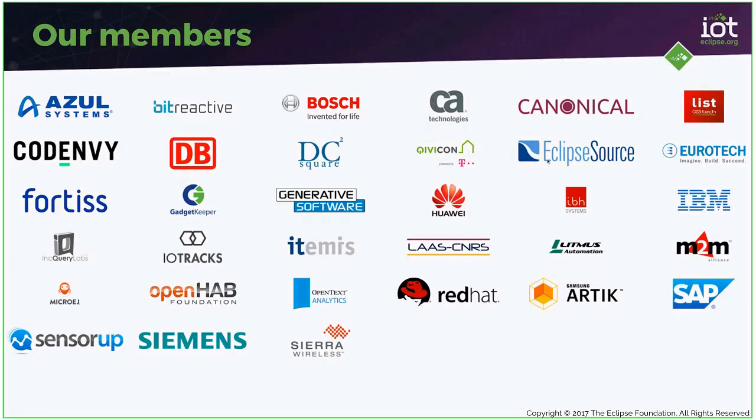Like, let's not try to reinvent IoT communication protocols all day long and try to figure out how to differentiate at that level. There's just no way to differentiate there.